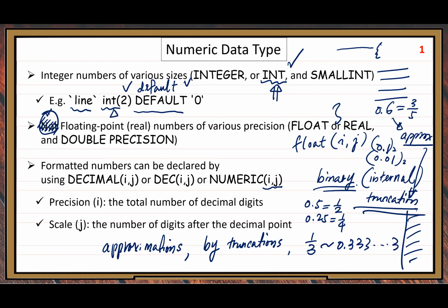So for that reason, you need to be aware of this kind of approximation when you use SQL and relational databases, because that truncation sometimes could cause a relatively big difference.